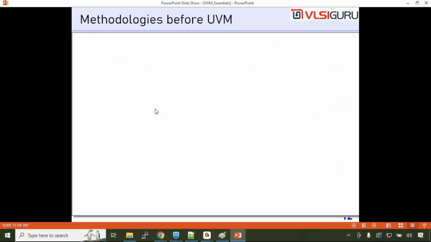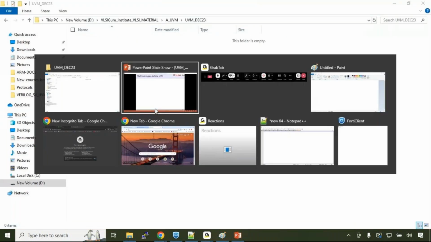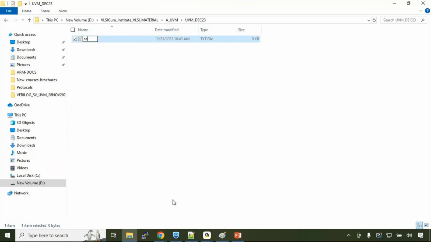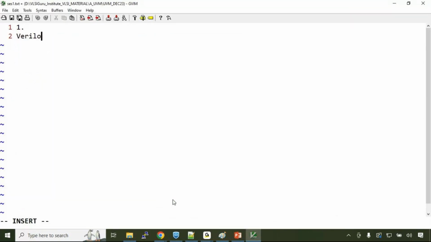How much it saves is, if I use Verilog for a complete verification, let's say I take some complex design like Ethernet MAC verification, Verilog might take 6 months to do.